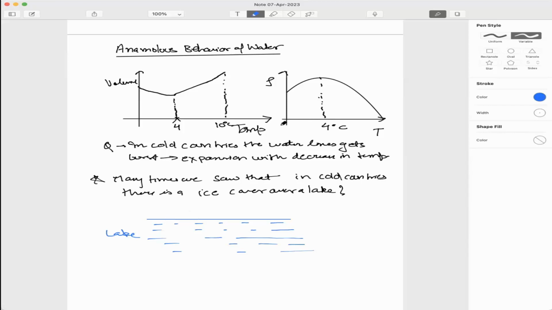Then the density gets decreased, so the top fluid is lighter and will all be on the top, and only the top fluid gets frozen as soon as you reach 0 degree centigrade. That's the reason why in some very cold countries only the top is covered with ice, not the complete water. That is because of the anomalous behavior of water.